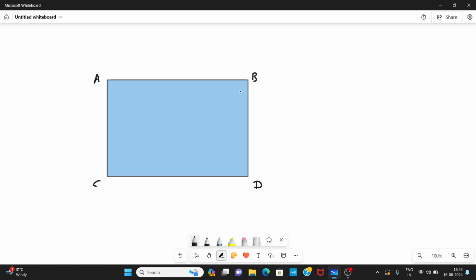Now let us make a light incident on this glass slab.